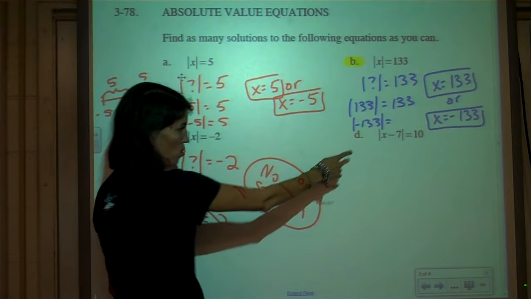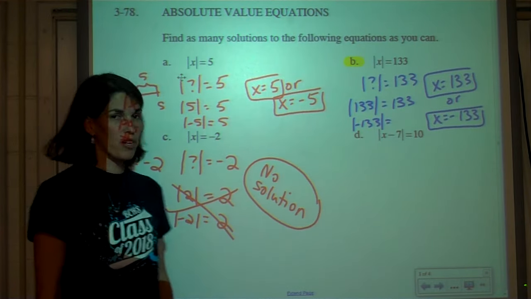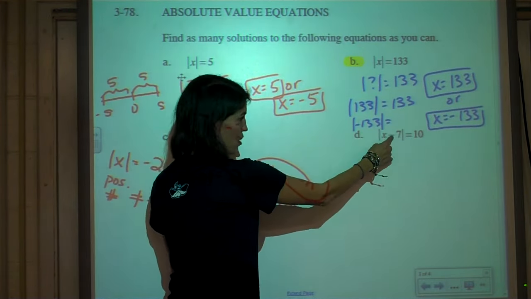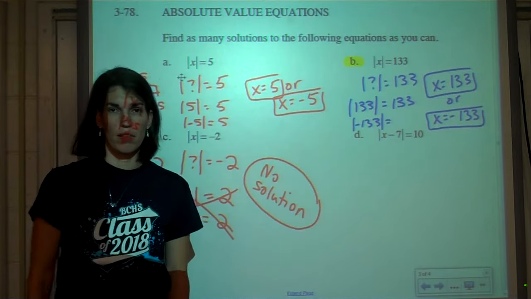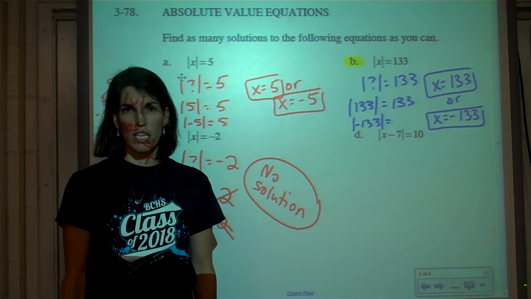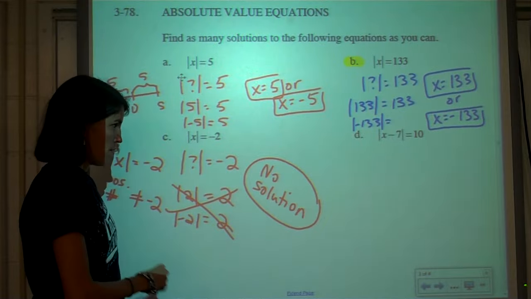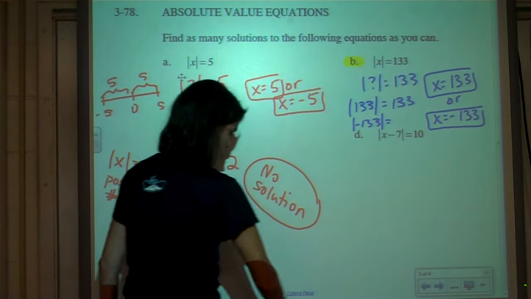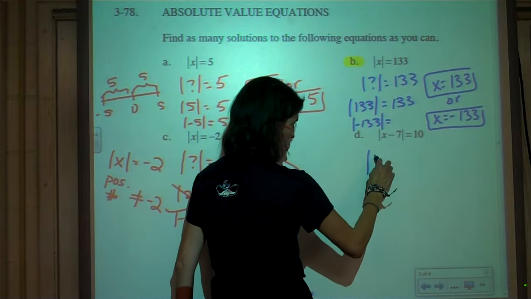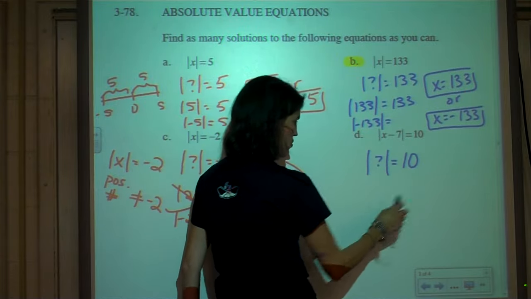All right, what about this one? What values can you fill in for x that if you take away 7 and take the absolute value, you'll get a 10? Maybe hit pause and just see if you can figure out anything that works. Okay, the absolute value of what number gives you 10?